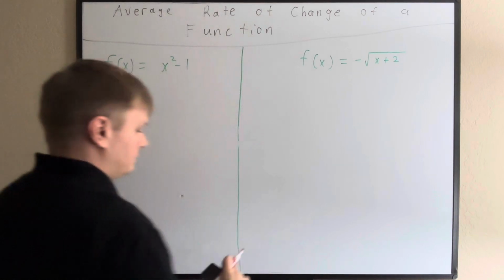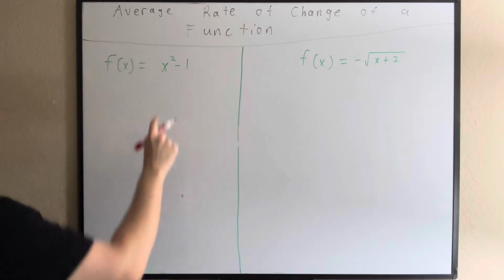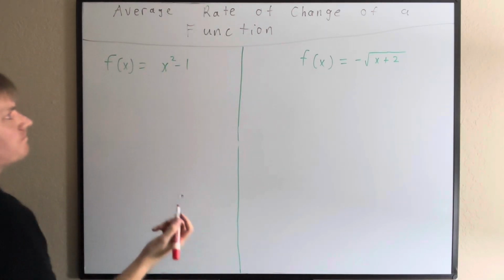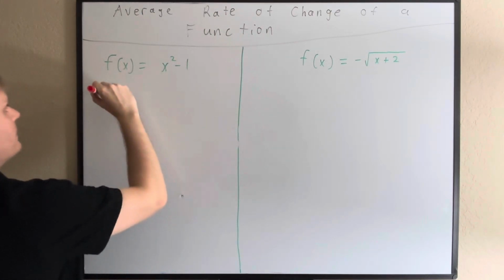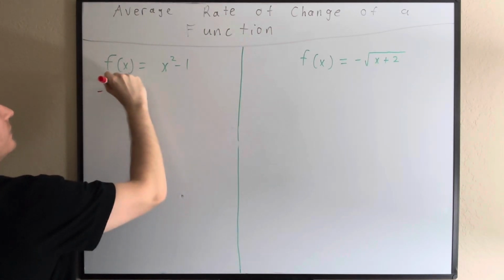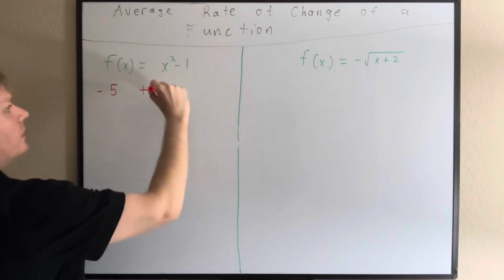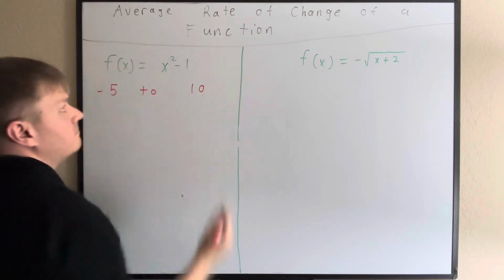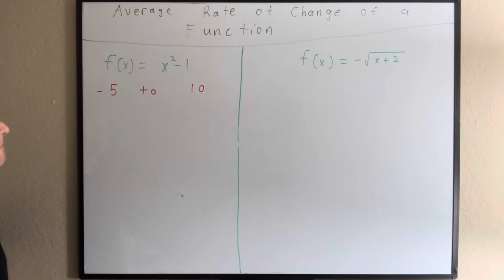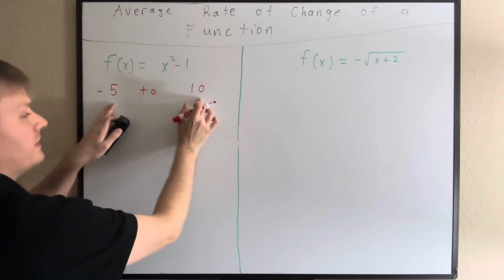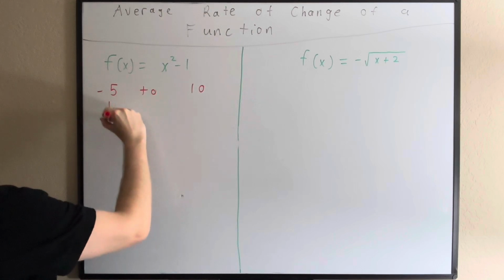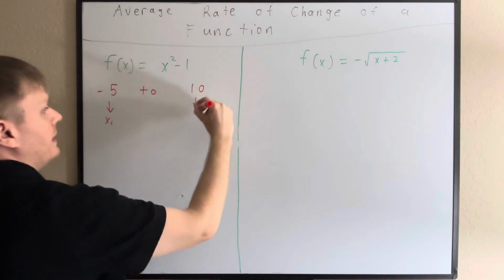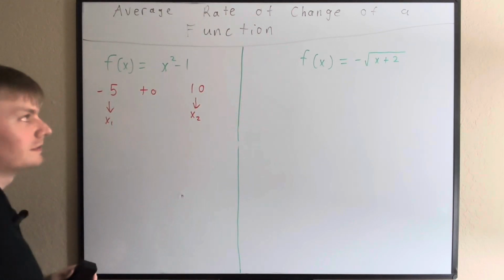All right. First of all, let's look at this one. Let's say we wanted the average rate of change from -5 to 10. These would be the inputs. -5 would be your x1, and 10 would be your x2.